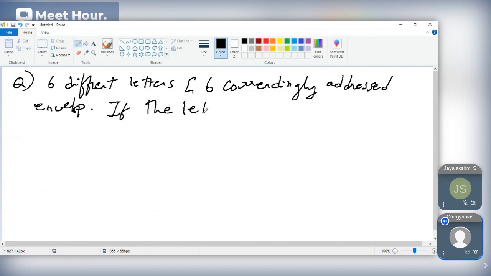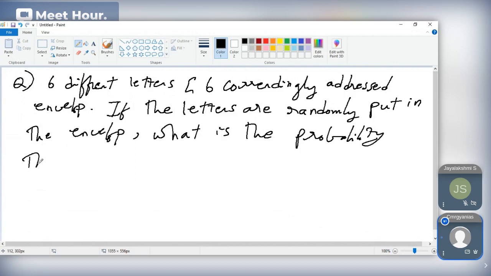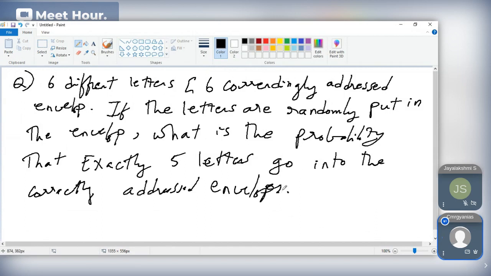If the letters are randomly put in the envelopes, what is the probability that exactly 5 letters go into the correctly addressed envelopes?